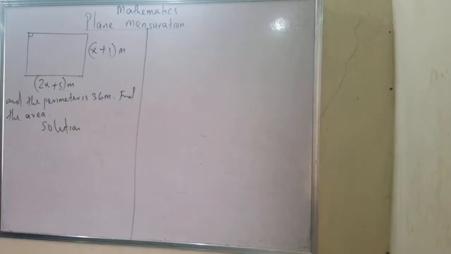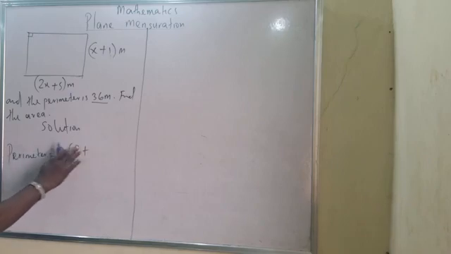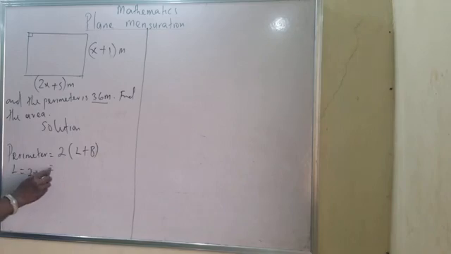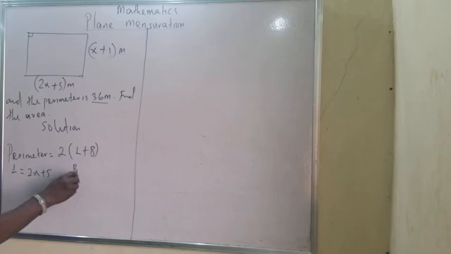We all know that perimeter equals 2 bracket of L plus B. Now, what is my L? My L equals 2x plus 5, and my breadth equals x plus 1.